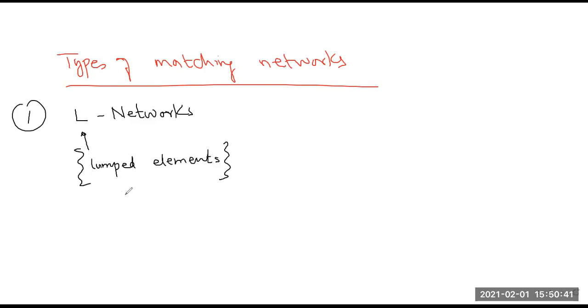One possible design that you can use for matching a load is by making use of lumped elements. You already know about lumped elements from your basic electrical engineering. I'm talking about capacitors and inductors. So a capacitor and inductor can be used as an impedance matching circuit.